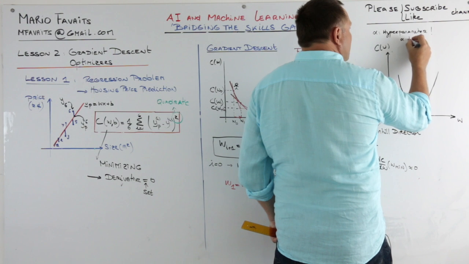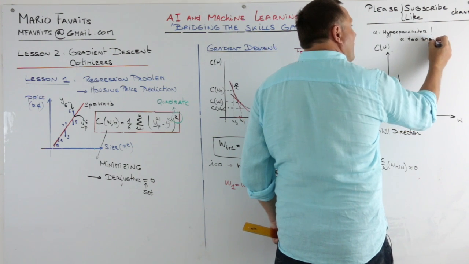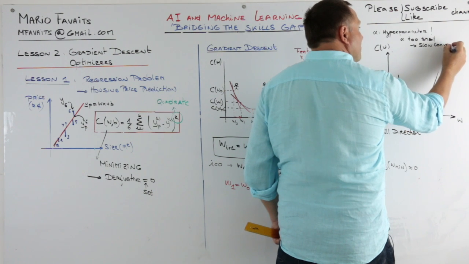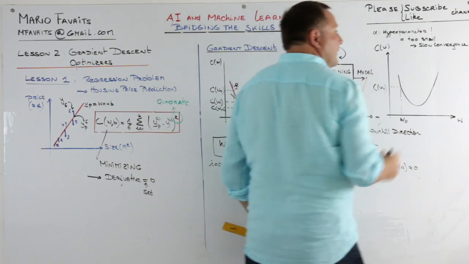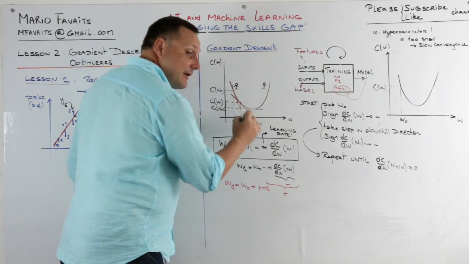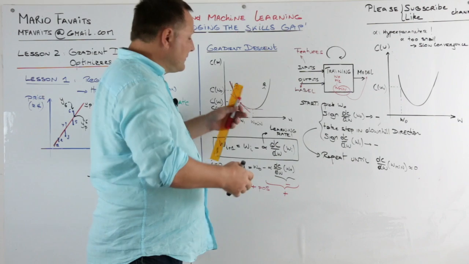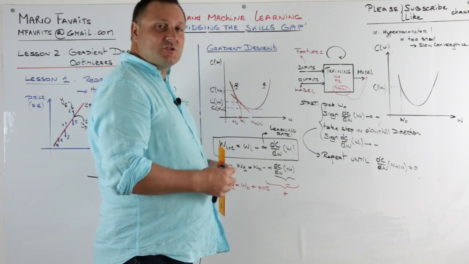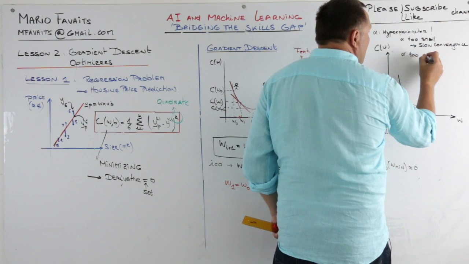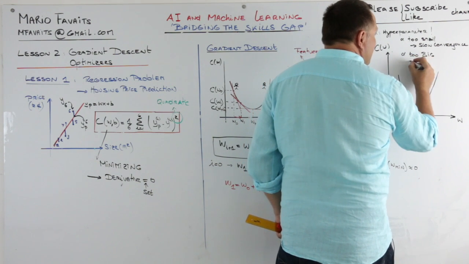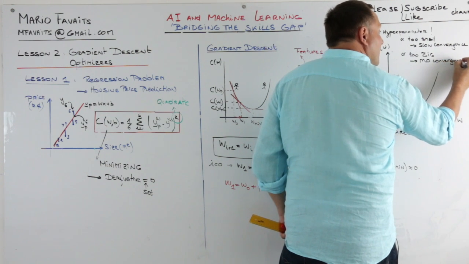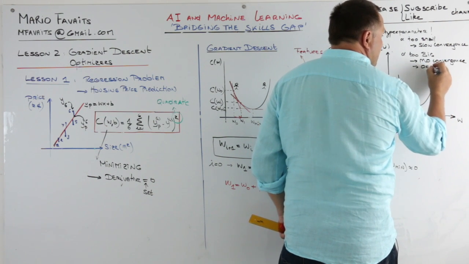obviously, when alpha is too small, then we're going to have slow convergence. Yeah? Slow convergence because you're going to take so many steps downhill that it will take you a long time to get to the minimum. So we can't choose alpha too small. But if alpha is too big, then there is no convergence. We will have oscillations.